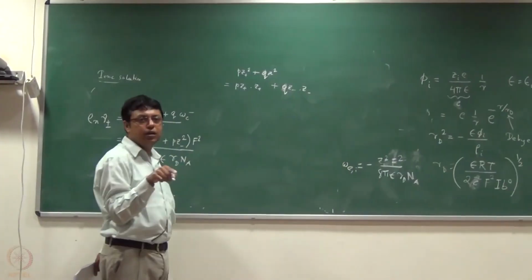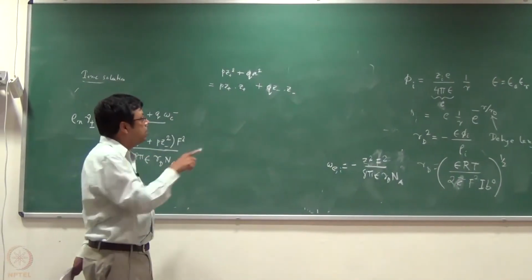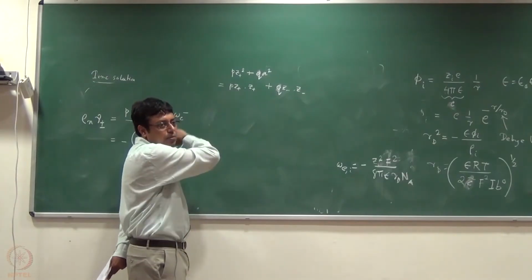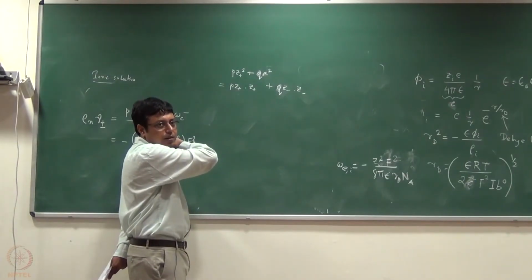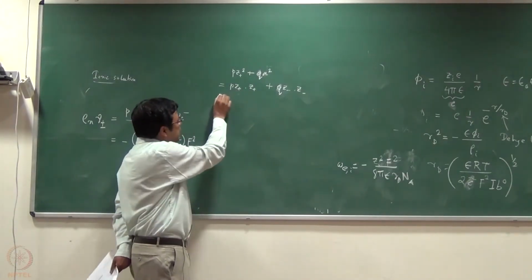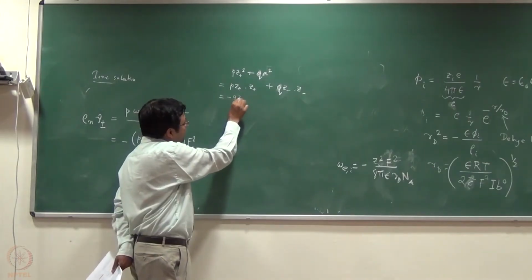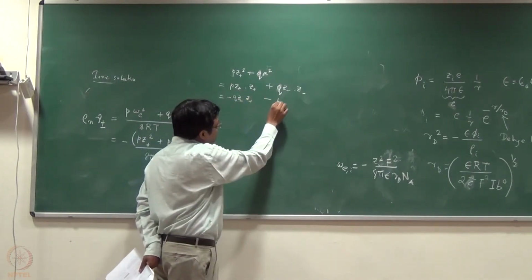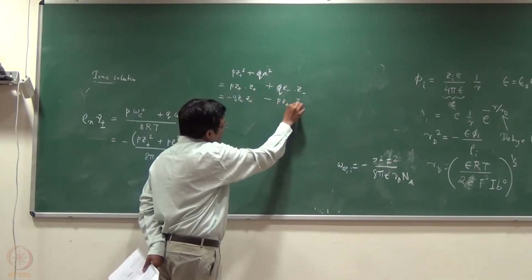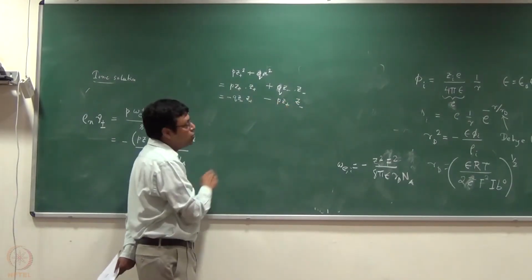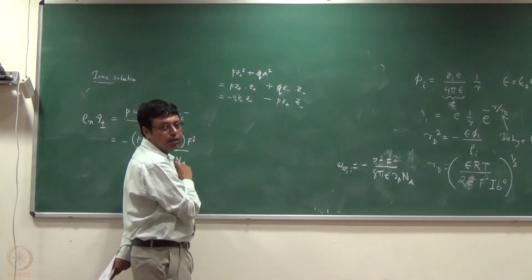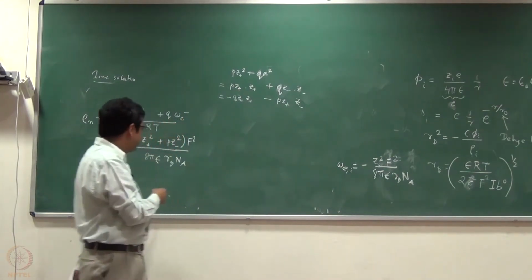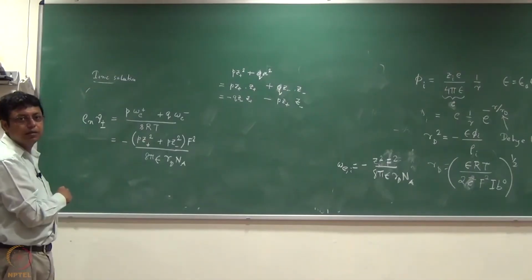Now for electrical neutrality, we already said P into Z plus has to be basically minus Q into Z minus. Has to be. So that thing I can write as minus Q into Z minus Z plus, and this guy I'll write as minus P into Z plus Z minus. So I'll get Z minus Z plus, and this P and Q is basically S. Now basically this S will cancel.